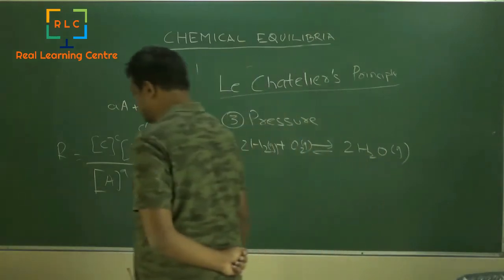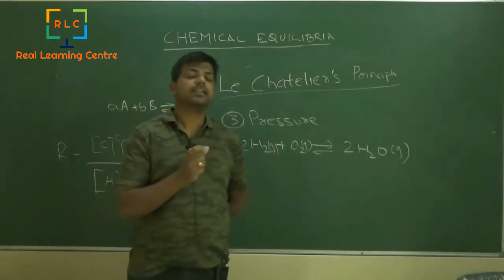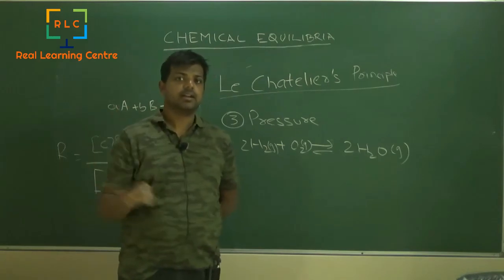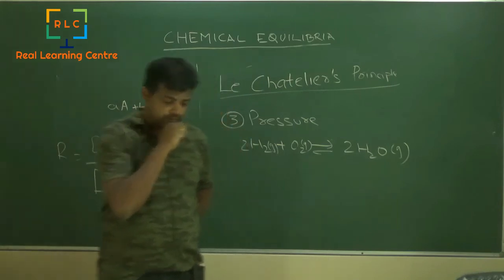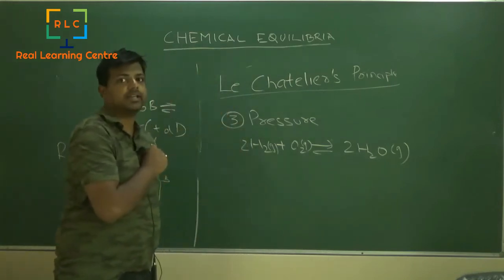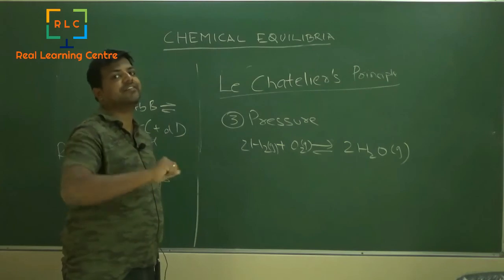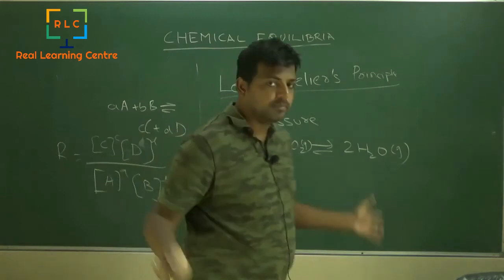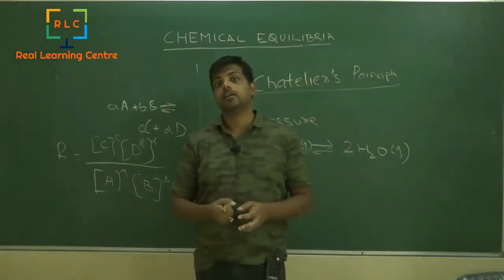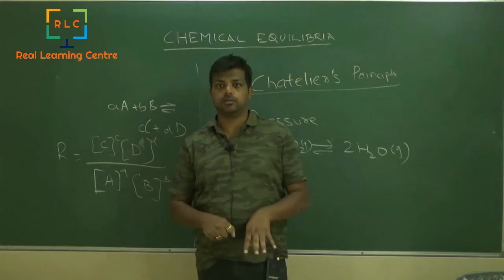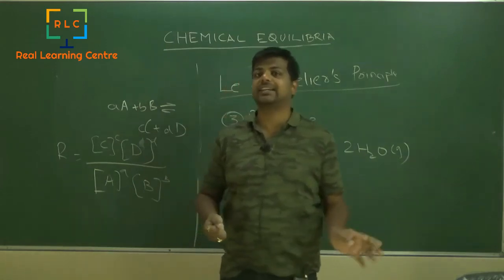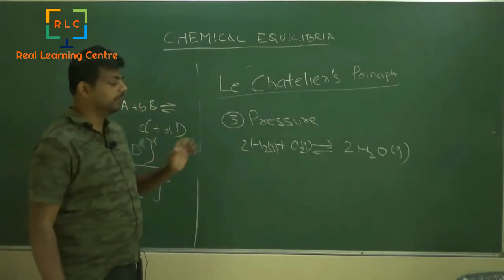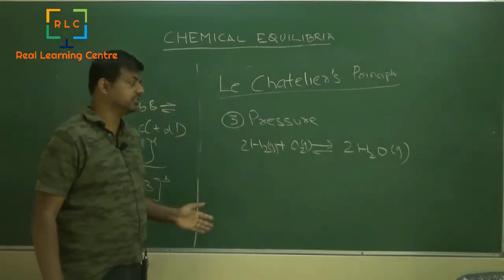If pressure is increased, as per Boyle's law the volume should reduce, but the volume of the container is fixed, right? So how do I play around with it? It would say, let me go to a side where there is a lesser number of molecules getting formed, because fewer molecules means I'll have more space per molecule, right? In that way I would reduce the pressure. So basically I will negate the effect of the increase of pressure.